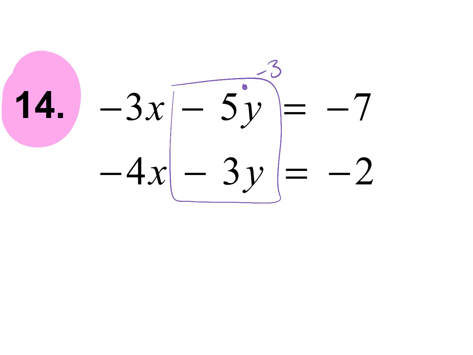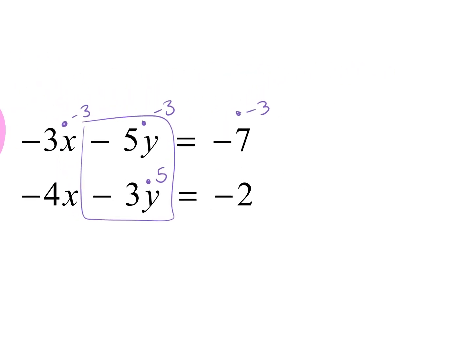Perfect. We multiply the top one by -3 and the bottom one by +5, because that'll make them a +15 and a -15. Awesome. Sometimes it happens where we have to multiply both.